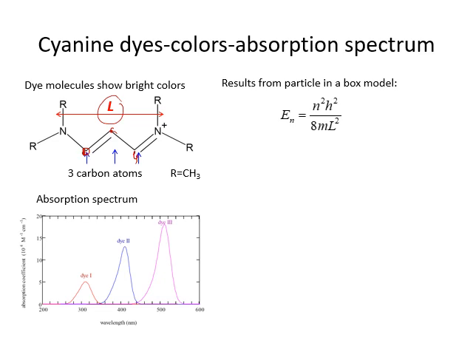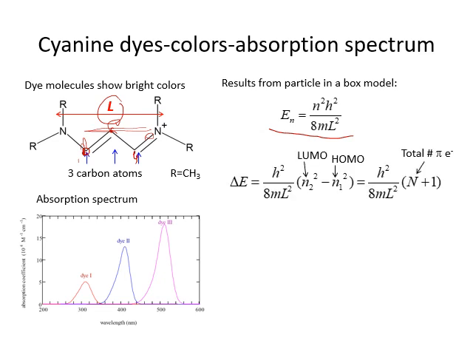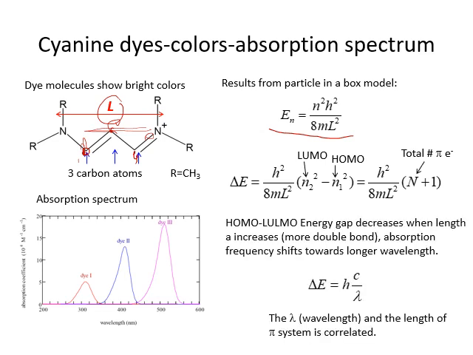The pi electrons can move freely along this box. The allowed energy is described by this equation, and we can calculate the energy separation between the HOMO and the LUMO for each dye. From this we can calculate the wavelength of the light that will be absorbed for each dye.